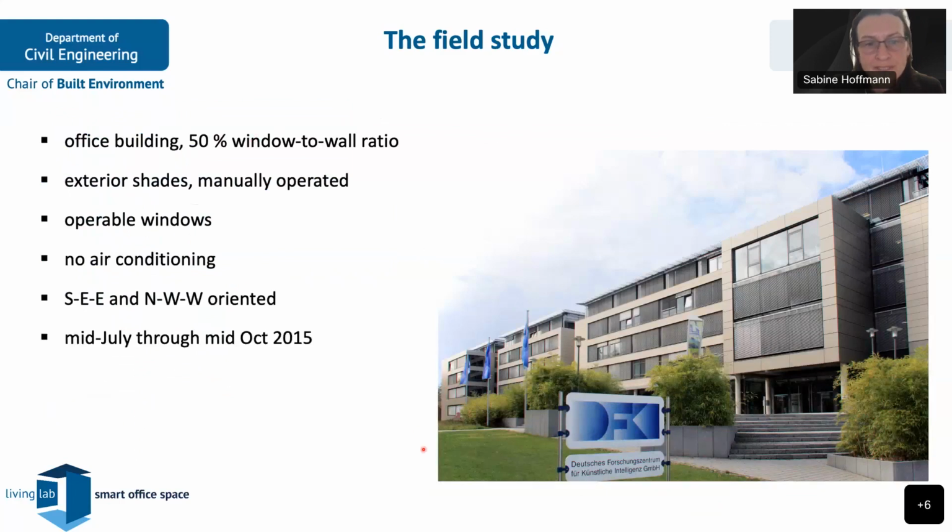So we did a field study in this relatively modern office building built in 2010. Quite large windows, exterior shades that were manually operated with operable windows and no air conditioning at all. The facade that you can see here is a southeast orientation, and then of course on the backside you have northwest orientation. And we ran this field study from mid-July through mid-October 2015.